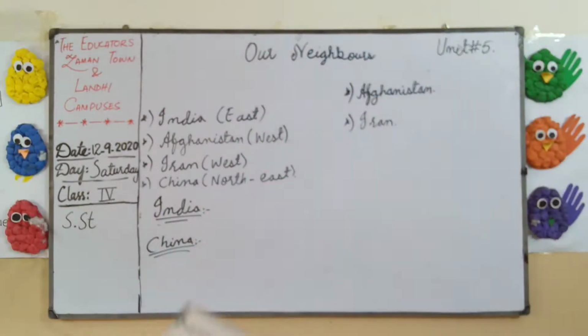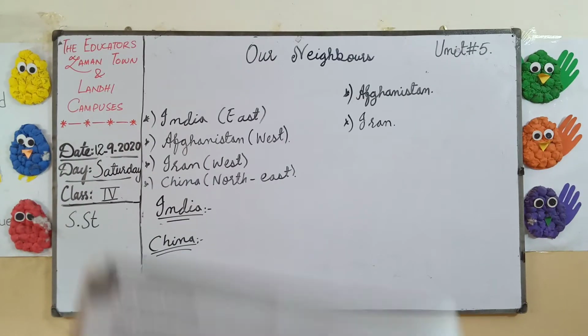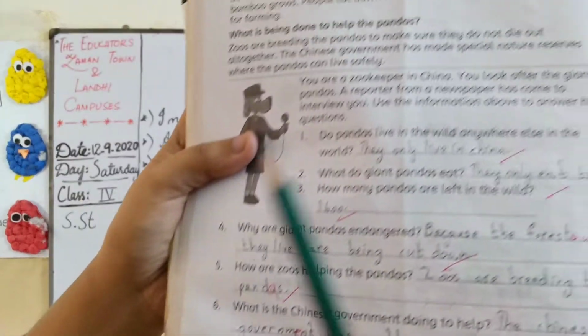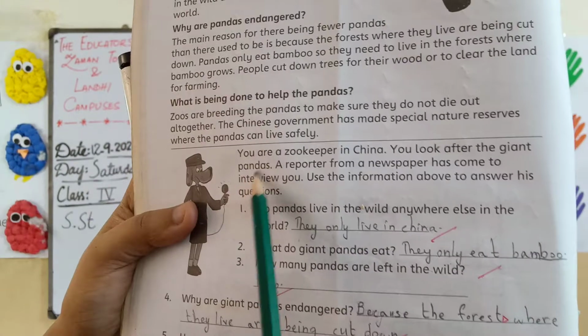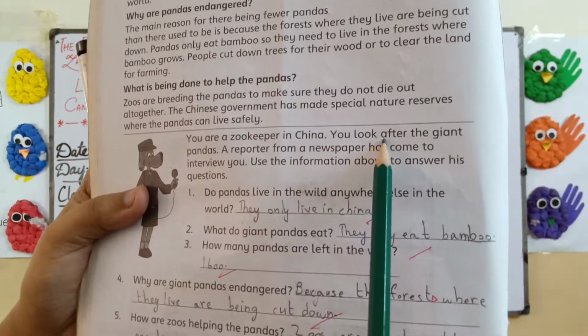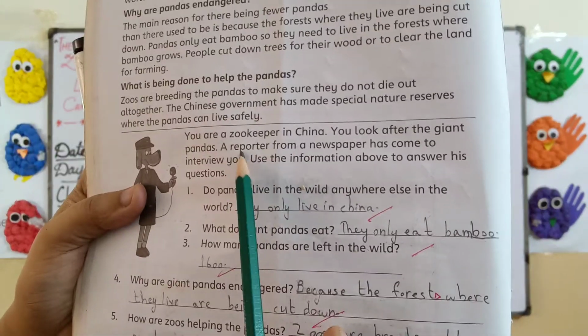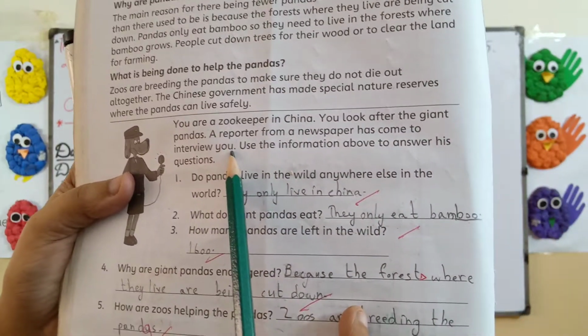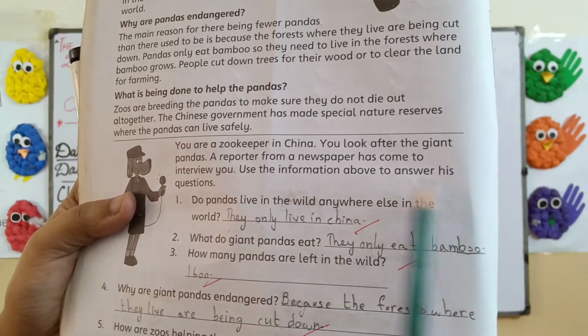Now open after this page number 22. Okay, page number 22. Now you are a zookeeper in China. You look after the giant pandas, and a reporter from a newspaper has come to interview you. Use the information above to answer his questions.